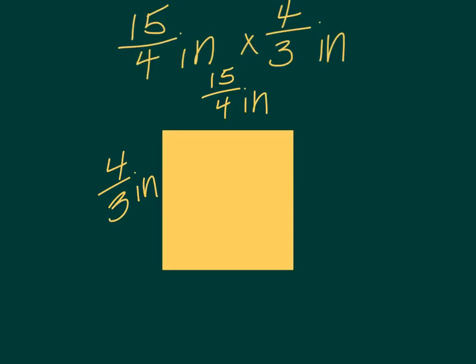Some of you might split up the 15/4 into 3 and 3/4 and split up the 4/3 as well. However, in this situation, it might be easier just to multiply 15/4 times 4/3.